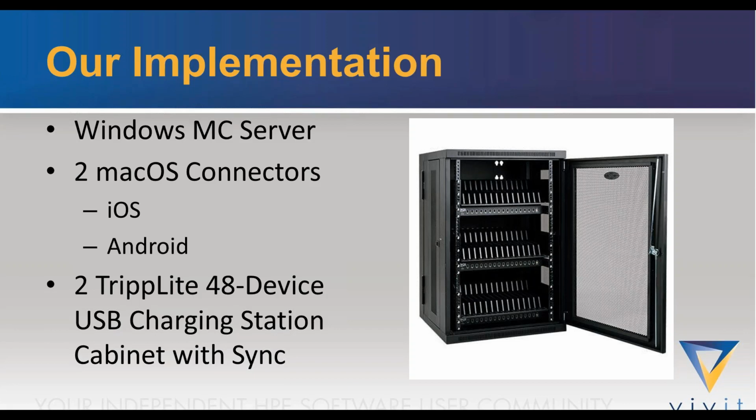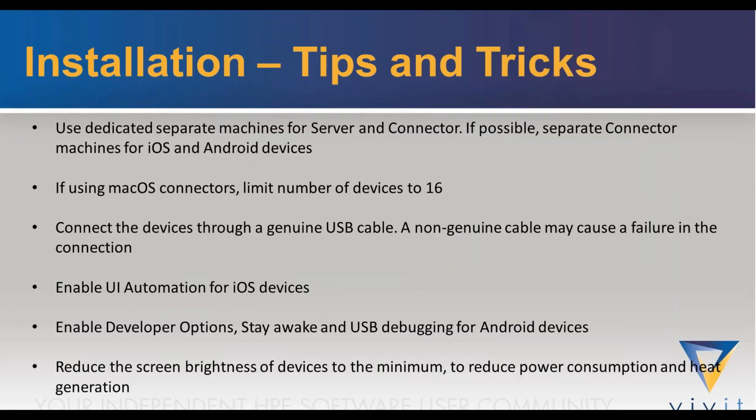The 3 USB hubs are connected to the Mac Mini, and each USB hub is connected to 16 devices. It works for us if you're looking to build a mobile solution, and it's a good place to start.